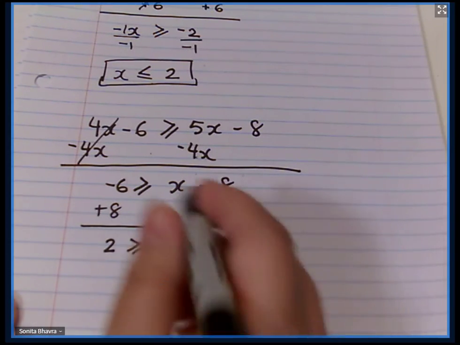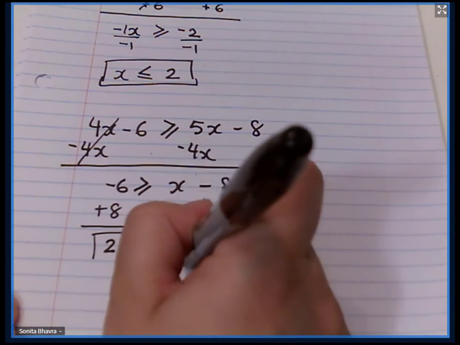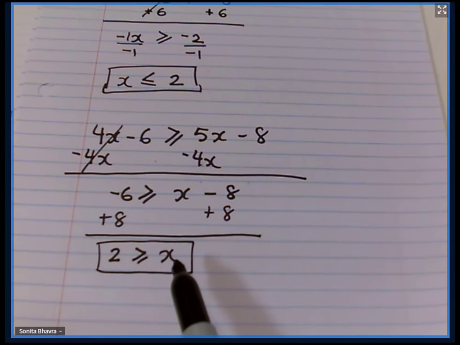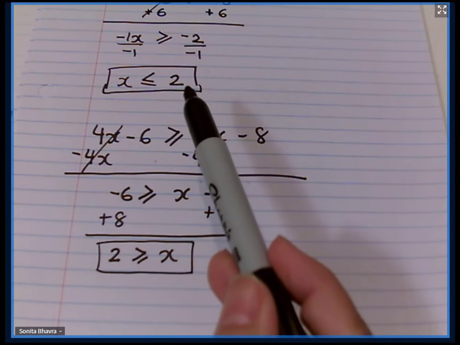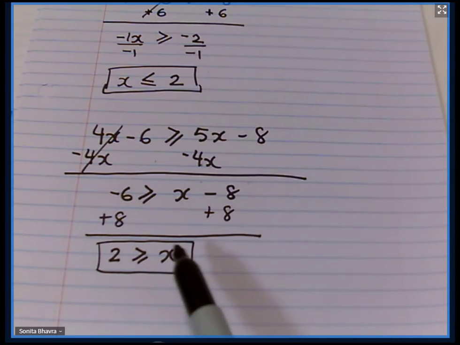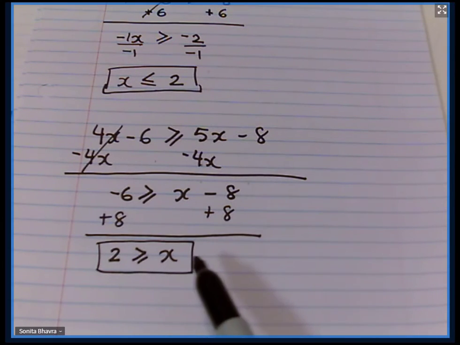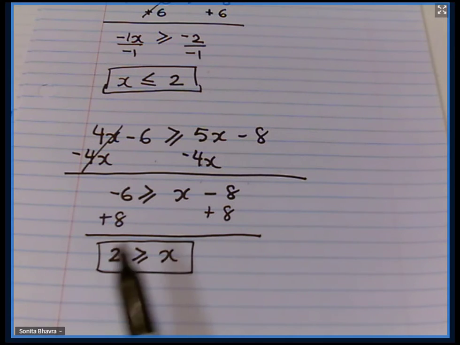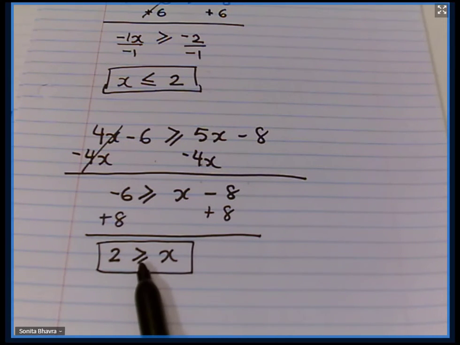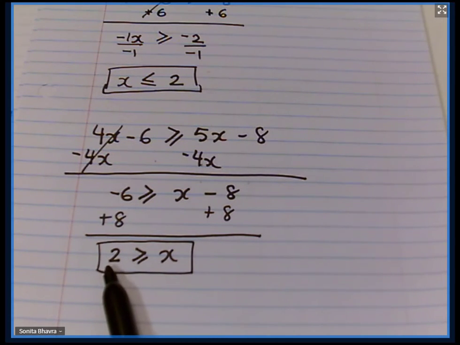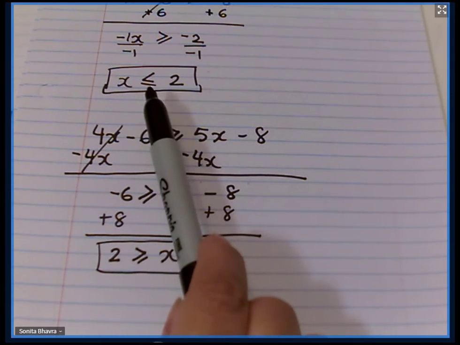All right, so if you leave it like this and you read it, it's the same answer as this one. The only difference is x is on the right side and here x is on the left side. But if you read this from right to left, x is less than and equal to 2. Same here, x is less than and equal to 2.